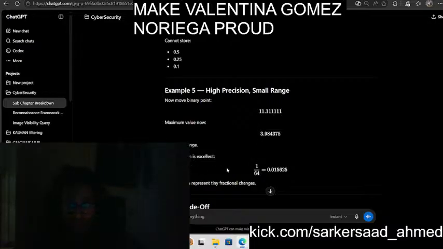But the precision is really good, 1 by 64, because it's going all the way down to 2 to the power minus 6.